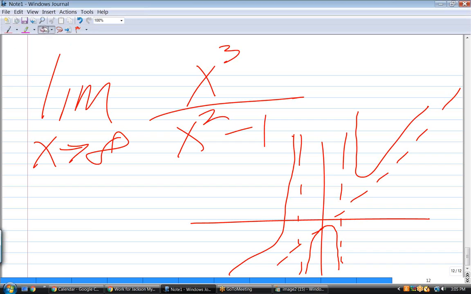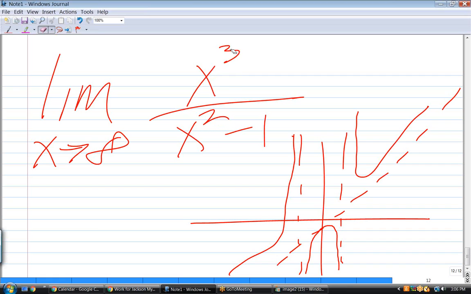You can figure it out from my graph also. That'd be infinity as well? Yeah. If the numerator is going to blow up faster than the denominator, which means the whole thing blows up.